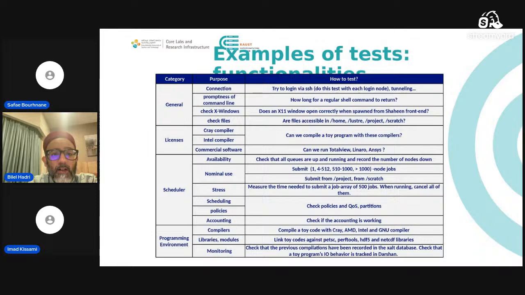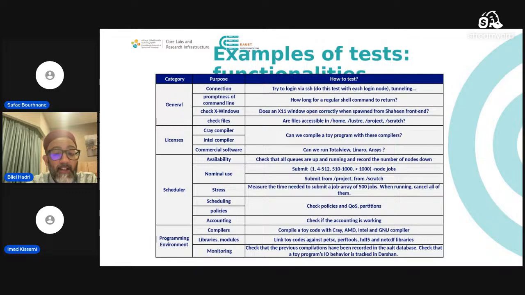Here I give some examples, and I'm sorry for the font, there is apparently a mismatch. So this is an example of tests regarding some functionalities. The connection is basic. Sometimes you have several login nodes, and there might be one that does not work. Tunneling, promptness of the command line. If you don't test how long it takes to do a small ls or even connecting, then probably the mounting is not done properly.